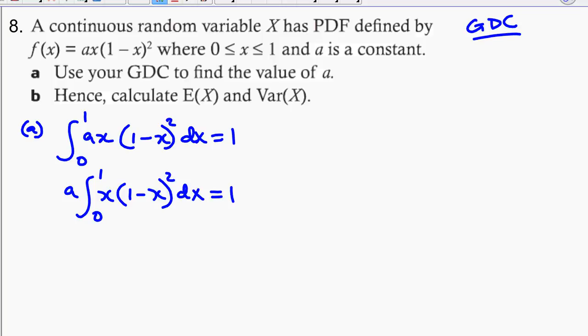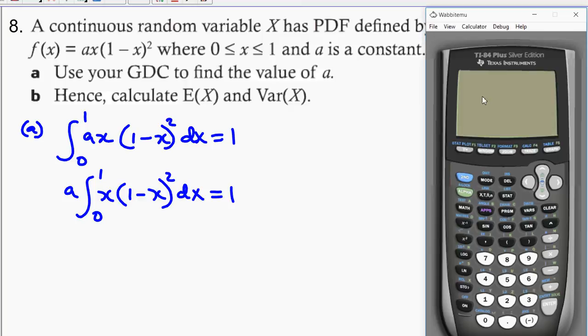Okay, I'll work out the value of the integral on the calculator. So if you go onto your calculator, work out that integral, let's see what it is.